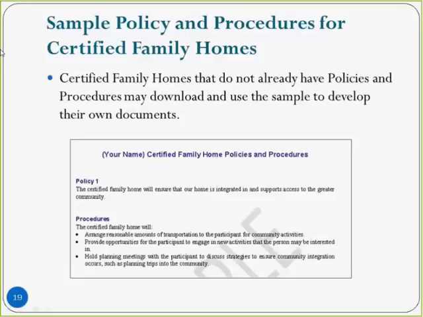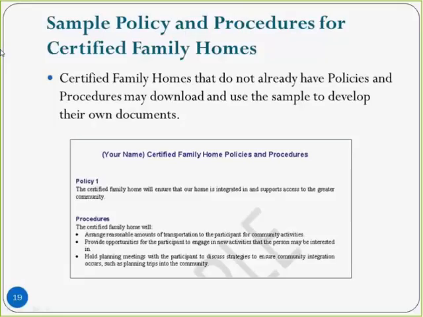Okay? Policy number 1 is that the certified family home will ensure that our home is integrated in and supports access to the greater community. So that's the overall policy, that's what they're going to do. The procedures are how you're going to make that policy happen. How is that policy going to come true?